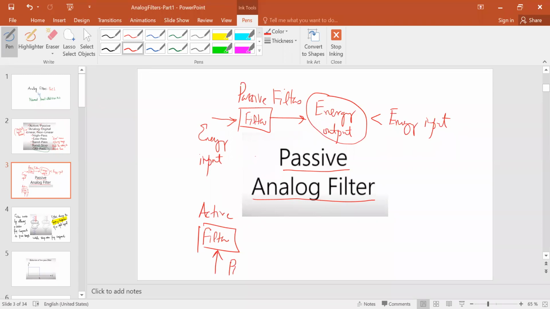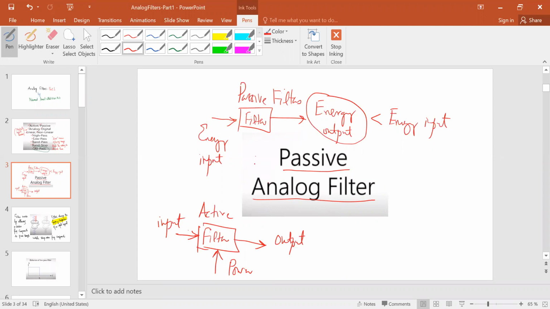In that way, the energy that comes out at the output may be more than the energy that was plugged in by the input. So that is an input, that is an output. Active filters can generate outputs with larger power than the input, whereas in case of passive filters, the output energy is always less than the input.